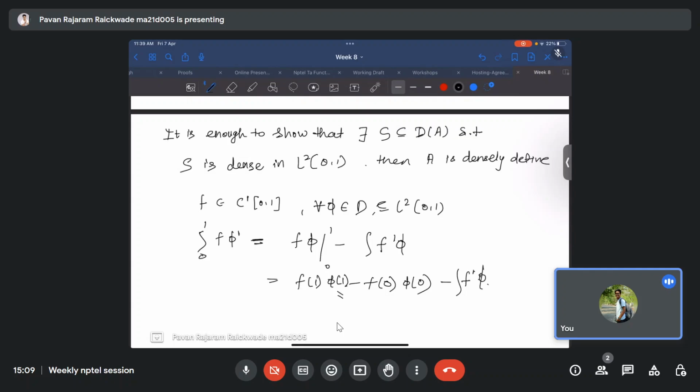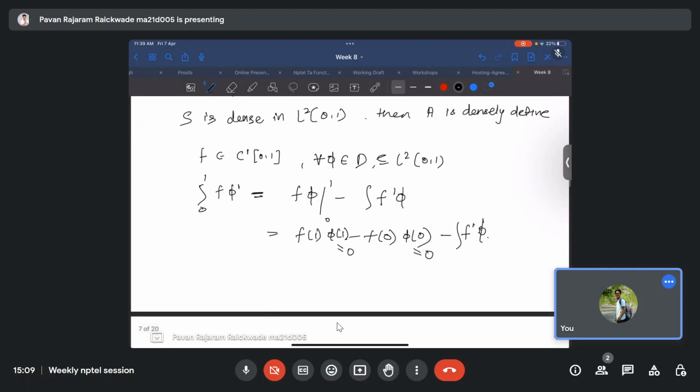So ultimately we get the integral from 0 to 1 of f phi dash equals minus the integral of f dash phi. So from the definition of the domain of A, f belongs to the domain of A, and Af equals f dash. This is the G in the definition.